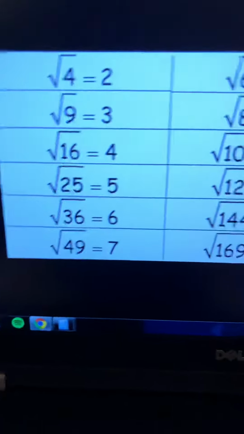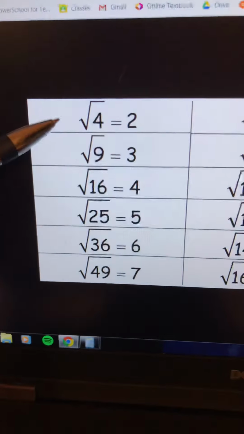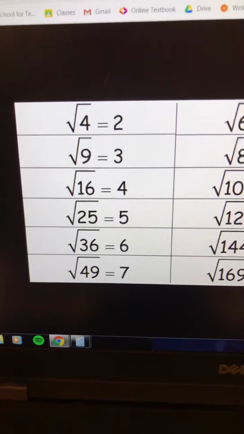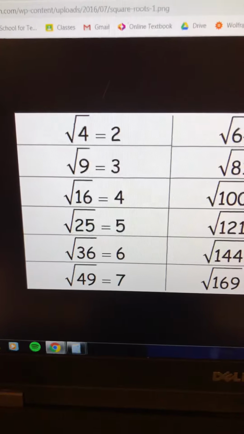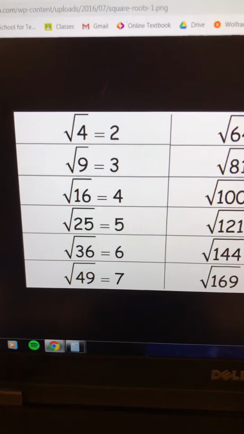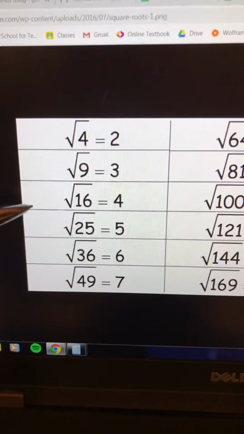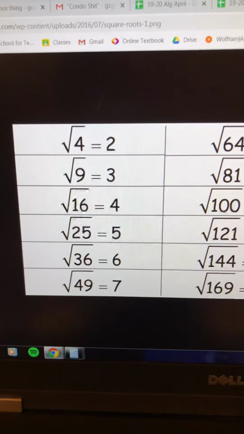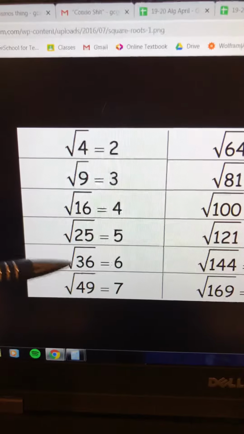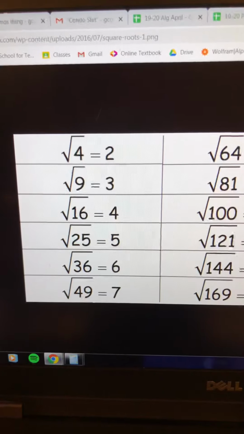If we take a look at our chart, we have 4, 9, 16, 25, 36, and 49. All right, well, where does 27 fall between? 9 and 16? No. 16 and 25? No. What about 25 and 36? Does 27 fall between those? Yeah, it does.